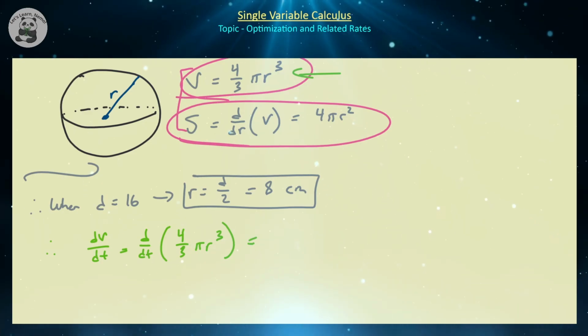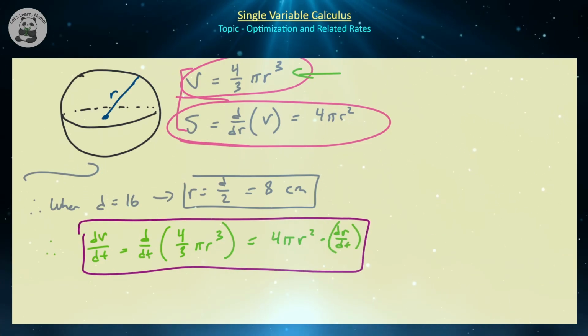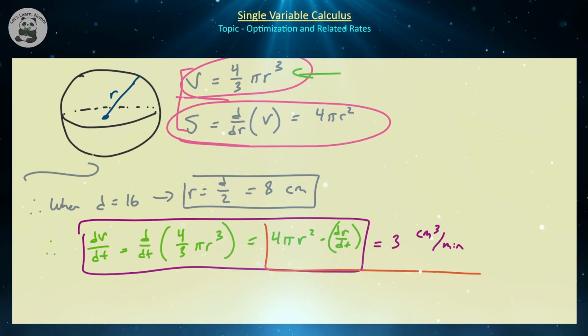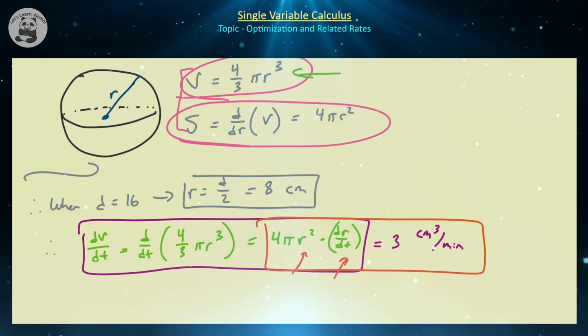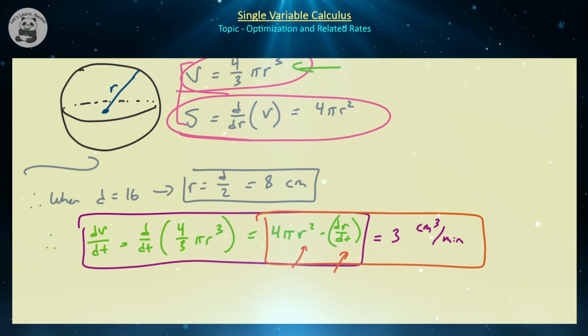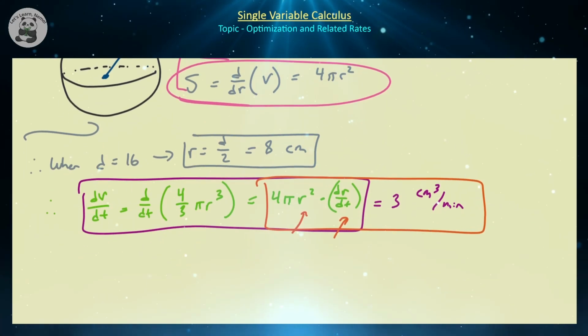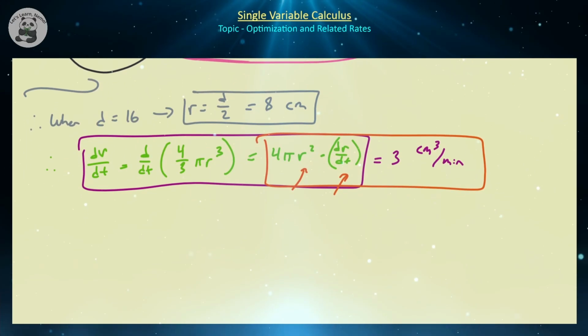So this is going to be equal to 4 pi r squared times dr/dt from the chain rule. This is an expression for dV/dt, and it's given that this is equal to 3 cubic centimeters per minute. We don't know dr/dt, we do not know r at any point in time, but it gives us something that we can work with.